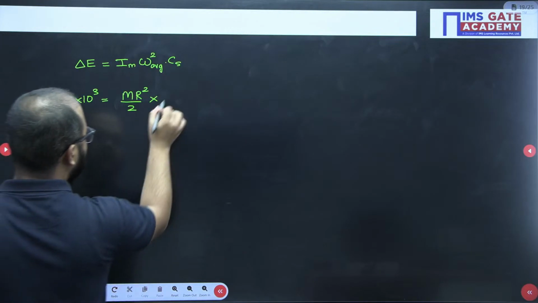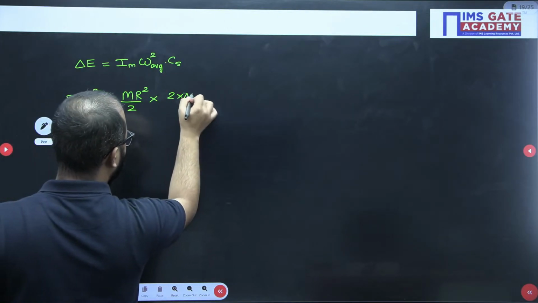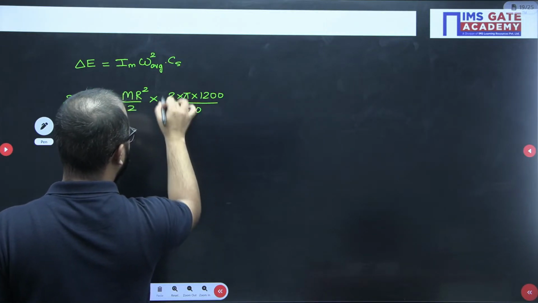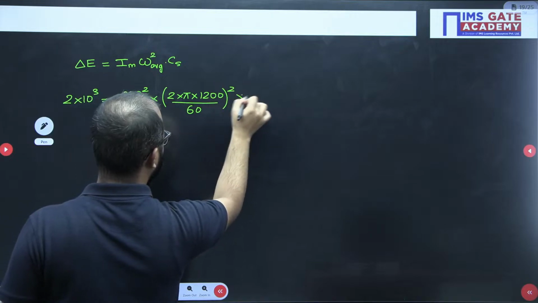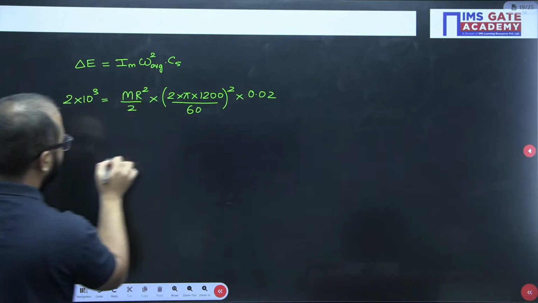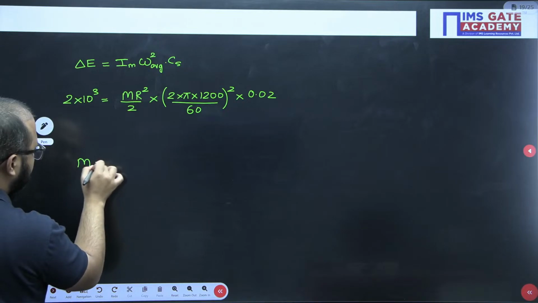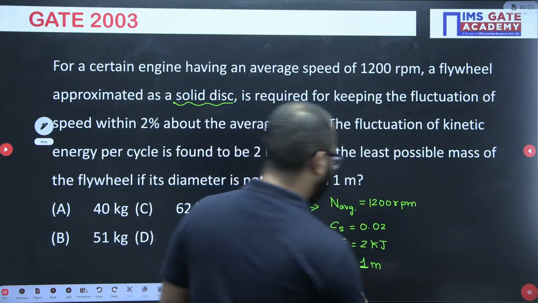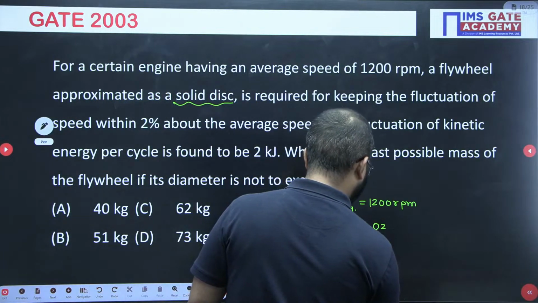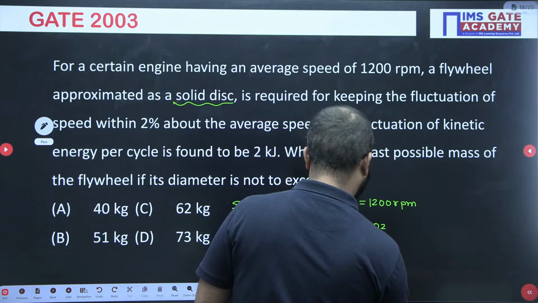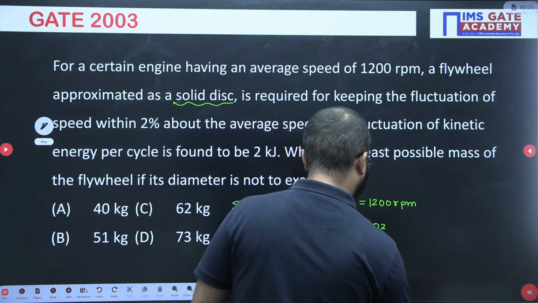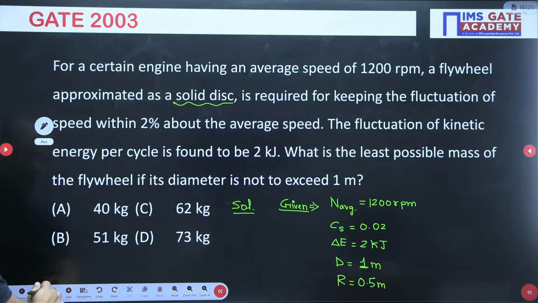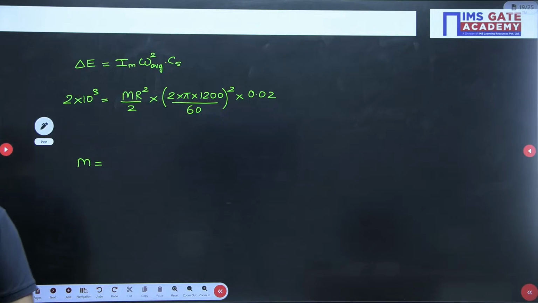So omega is 2 into pi into N, that is 1200 divided by 60. We need to do the square of it, into Cs, that is 0.02. So from here the mass value we can easily get. Okay, radius will be what? Half of the diameter. Diameter is 1 meter, so radius will be 0.5 meter. Right? Okay. So put all those values and tell me your answers.